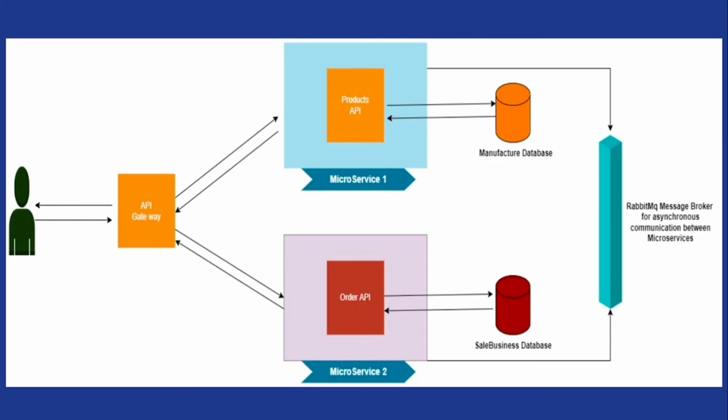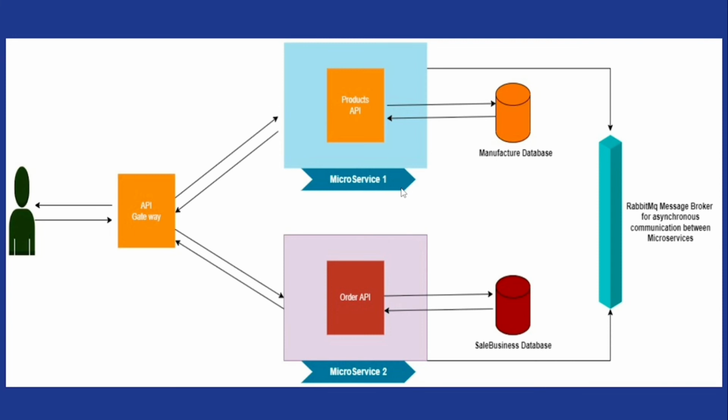So this is the microservice architecture, and you can see here we have separated it into small applications. One application contains the product API endpoint, and another microservice application contains the orders API. Each has its own DB: the products API consumes a manufacturer database, and the orders API consumes a sales business database. There might be a chance we need some information between the two microservices.